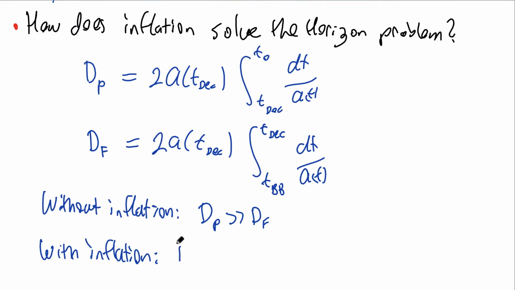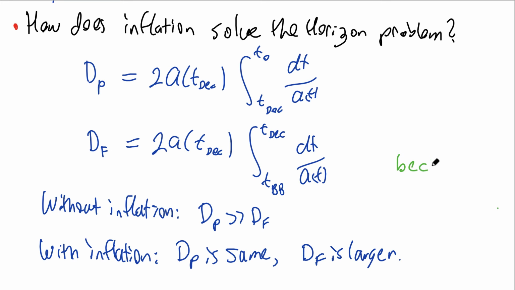So that means d p is the same with and without inflation, but d f is larger. And this is because during the time between the Big Bang and inflation, the scale factor is 30 orders of magnitude or more smaller.